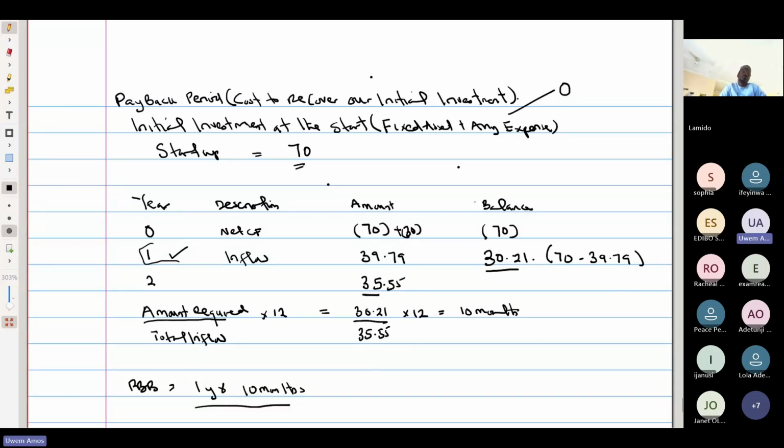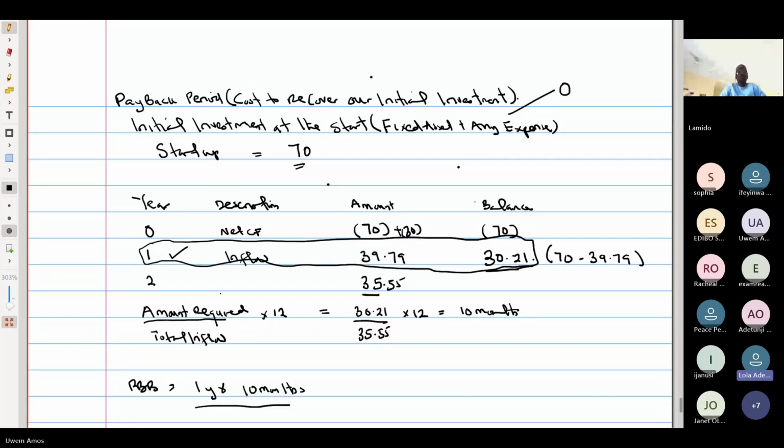We were able to factor that in, leaving us with a balance of 20. So we have our first year's inflow fully accounted for. So that is the year 1. Okay, noted. Thanks.